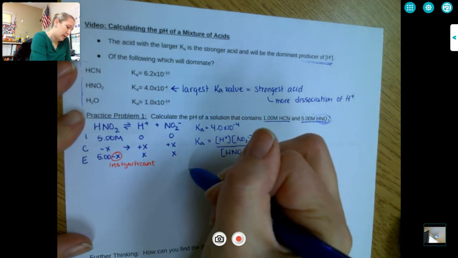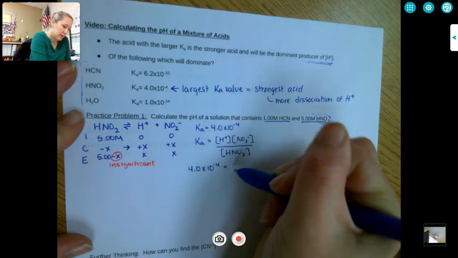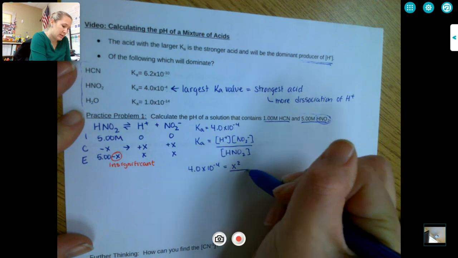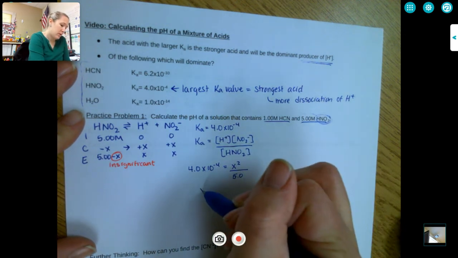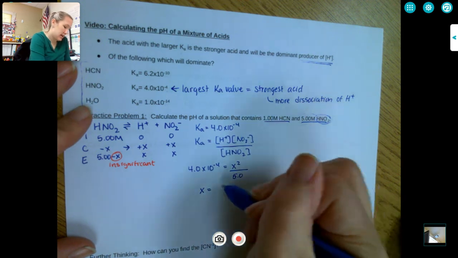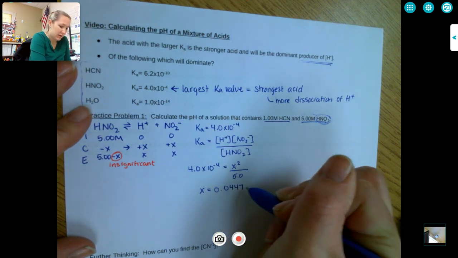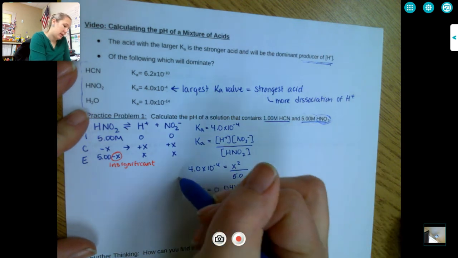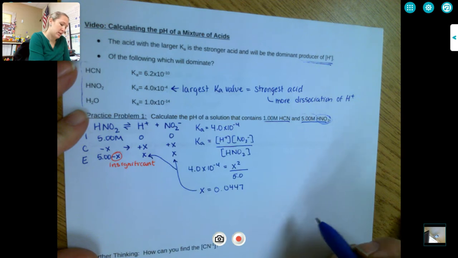So we go ahead and plug in. We've got x and x, so x squared on top, and 5 on the bottom. When I solve for x, I get x to be 0.0447, and that we would plug in for the concentration of our nitrite and our hydrogen ion.